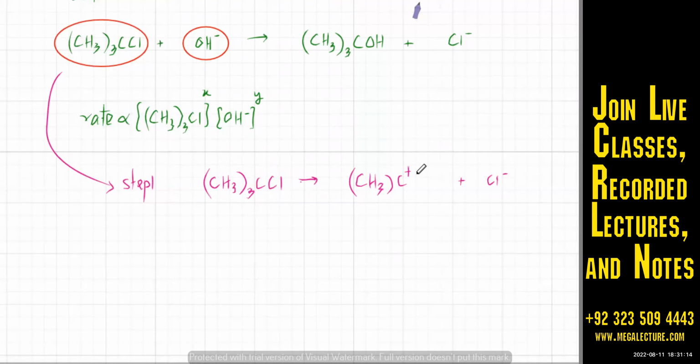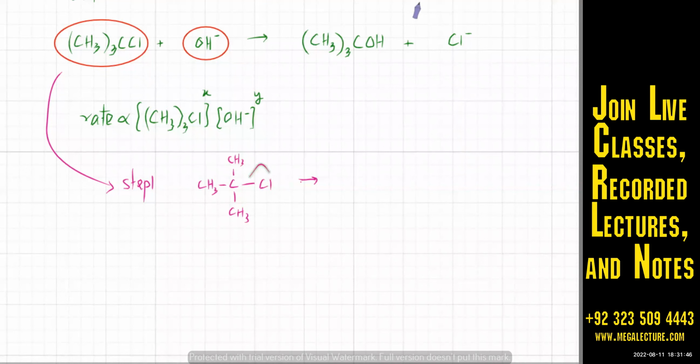A carbocation was formed. Let me draw the displayed formula, which would be much easier to understand. So you had a carbon with 3 methyl groups and a Cl.